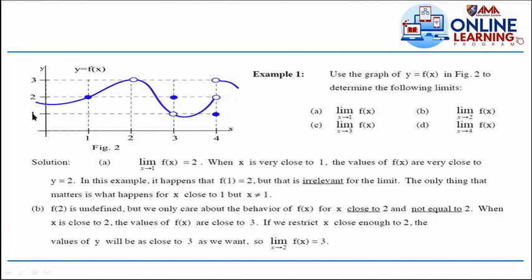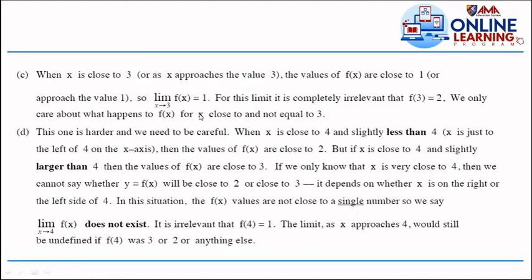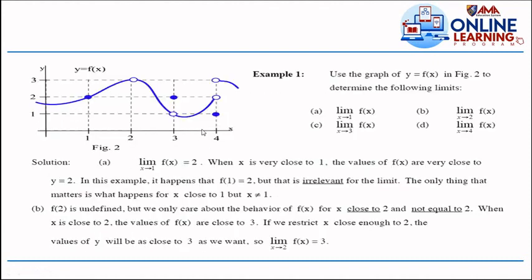Okay? Next, sabi niya dito, for this limit, it is completely irrelevant that the function of 3 is equal to 2. So may point po dito na tuldok, okay? Pero ang sabi dito, this is an irrelevant limit. So bakit tinawag nilang irrelevant limit? Kasi wala siyang tinamaan na function, yung kulay blue dito. So this is an irrelevant limit.